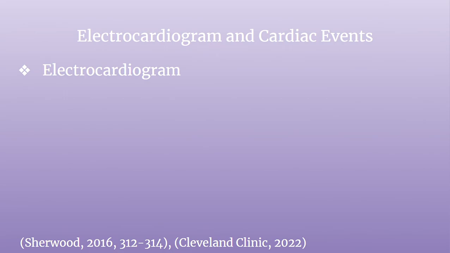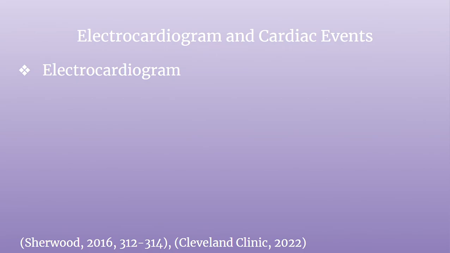We can use these to record various abnormalities, such as abnormalities in heart rate, abnormalities in rhythm, as well as cardiomyopathies. Cardiac abnormalities can include things such as tachycardia, bradycardia, and atrial flutter.